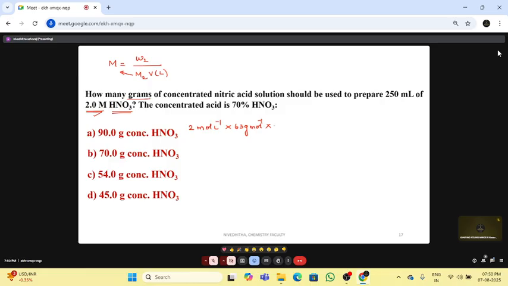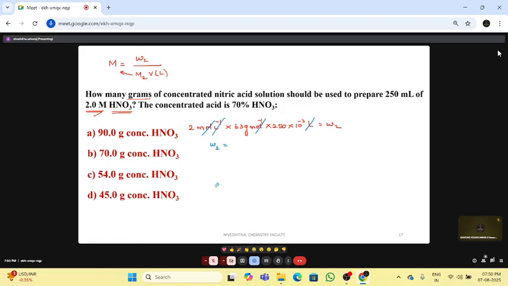And volume of the solution is 250. It has to be in liters. So the value of milli is 10 power minus 3 liter, which is equal to W2. So here, liter and per liter will get cancelled. Mole and per mole will get cancelled. So could you please tell me the value of W2, Kana?